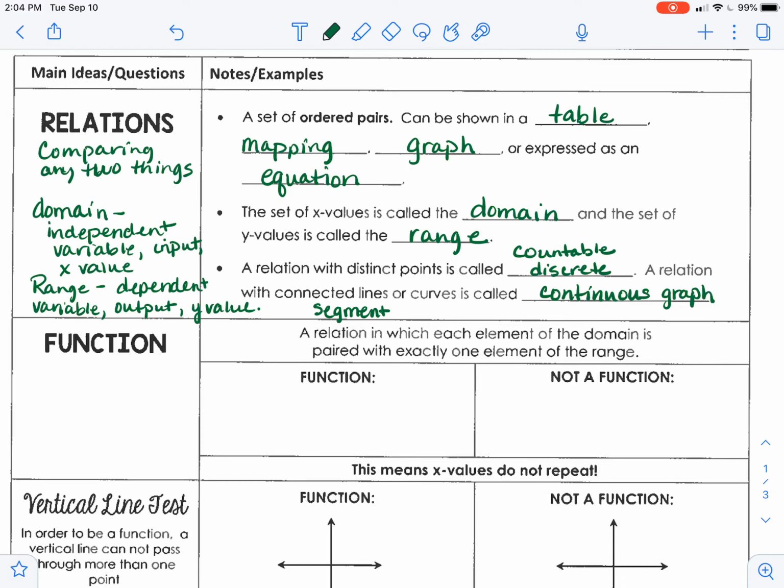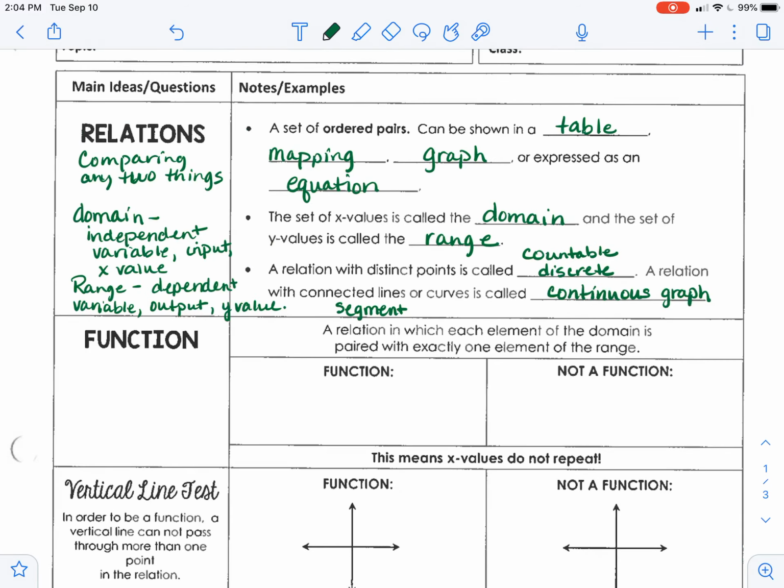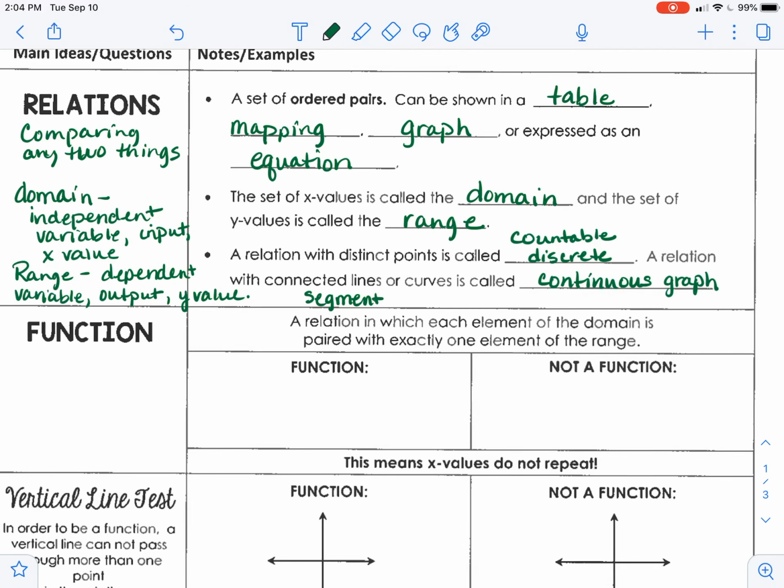So a function is one in which each element of the domain is paired with exactly one element of the range. Sorry about that, a function, not a relation.